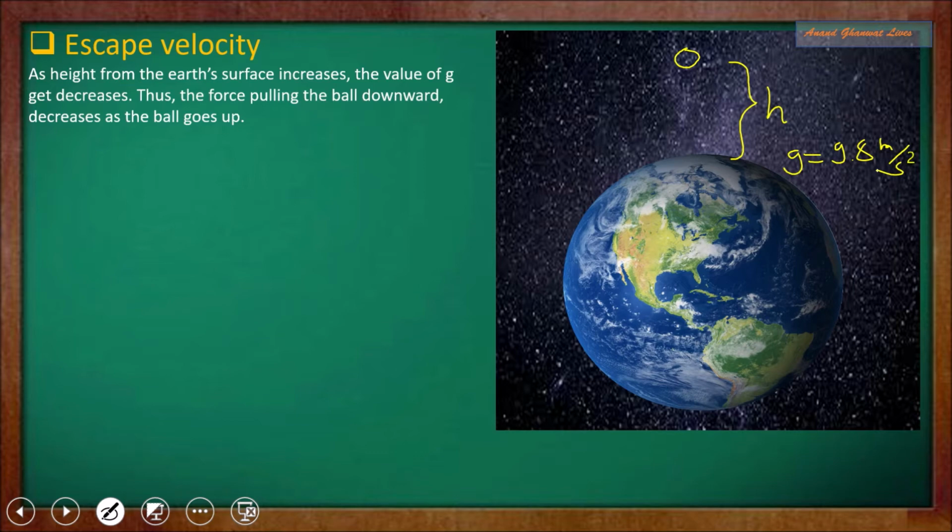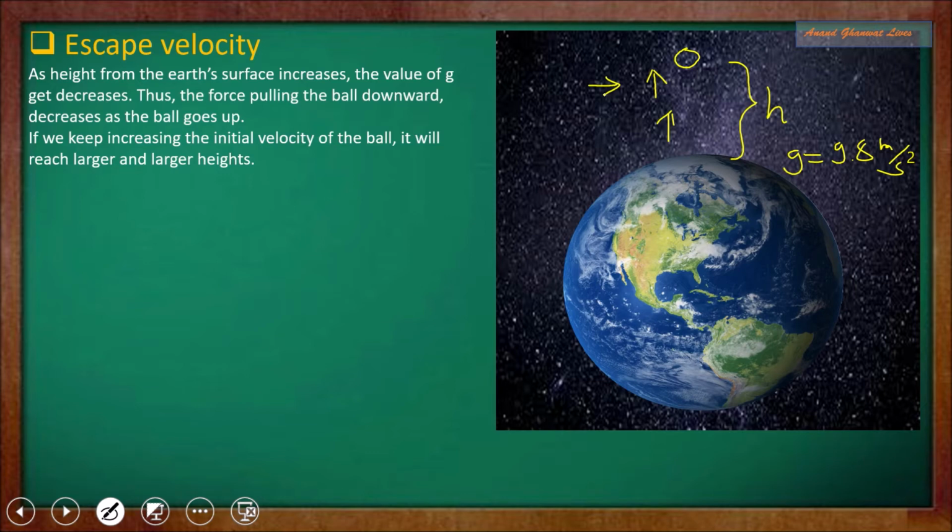Thus the force pulling the ball downwards also decreases as the ball goes up. So when the ball goes up and up, the value of g becomes smaller and smaller as the ball goes in the upward direction.